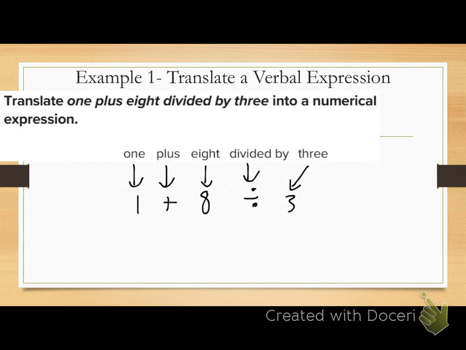Does it tell me to evaluate it or anything like that? Nope. So if it asks me to just translate that sentence into an expression, there's my answer right there. That's all I got to do. Is there any questions about that? Any confusion? Simple enough, hopefully. Okay. Can I move on to my next example?